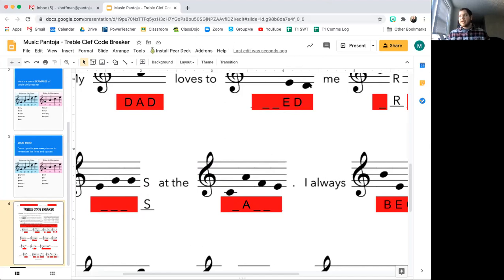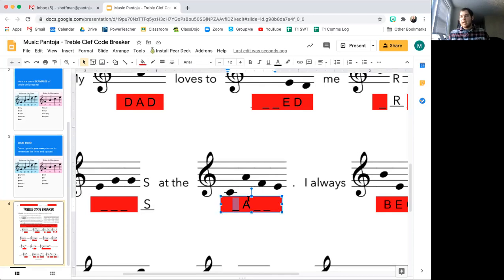I know that this space note right here is D, and right below every D is C, because that's how our alphabet works. So I'm going to draw an arrow to this note. This note is C, and that's another one that you would not have gotten.